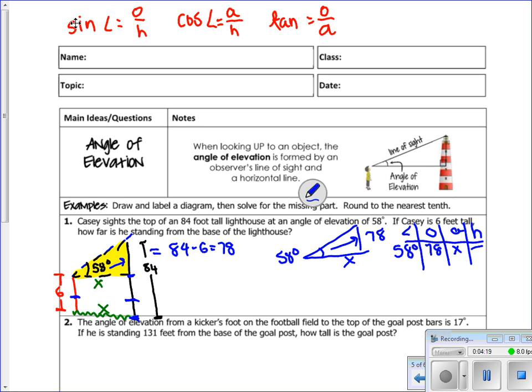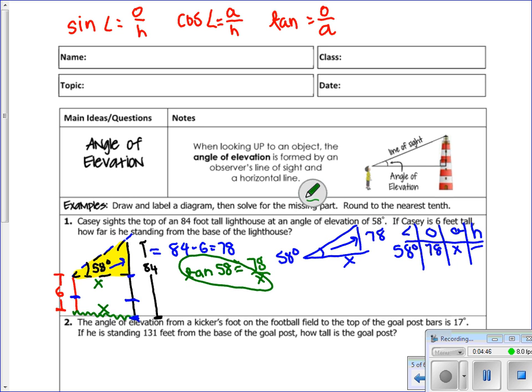So I'm going to be using the tangent function here. I'm going to write the tan of 58 equals O over A, or 78 over x. So when the x is on the bottom, we can just flip one side.